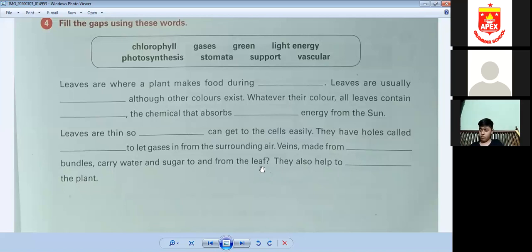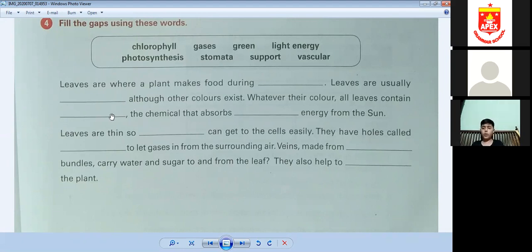I am repeating the answers again. Look here. In the first one, food during photosynthesis. What will become here? Photosynthesis. In the second blank, leaves are usually green. What will be here? Green. Next, all leaves contain, what do they contain?